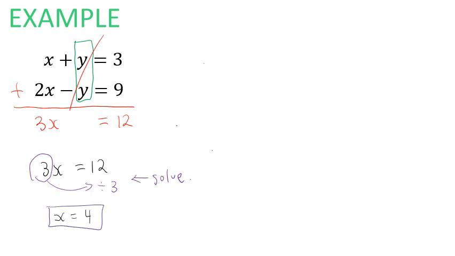And now to find out what y is, I'm going to sub x equals 4 back into one of the equations. So I'll just do it into the first equation. So I'll then have 4 plus y equals 3.